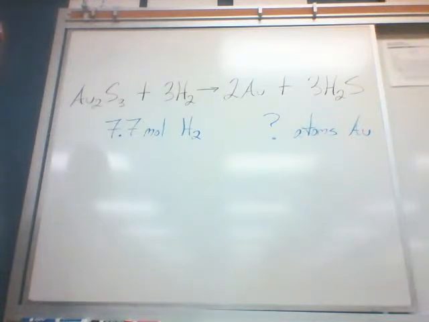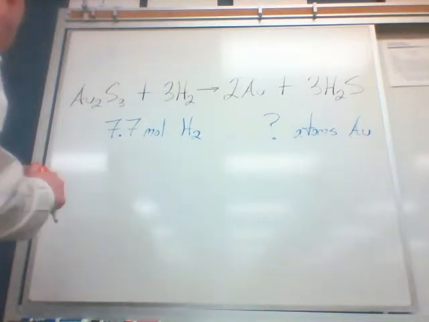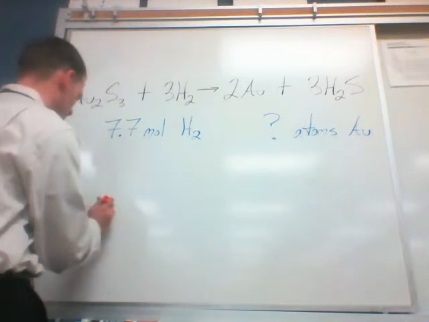Is there anything to be happy about with this problem? Yeah, there's moles. So we know right away it's shorter than the last one we did, at least. All right? So let's get our grid ready.